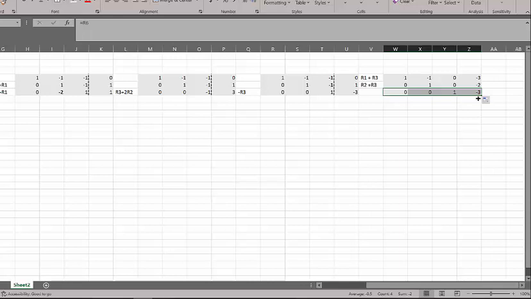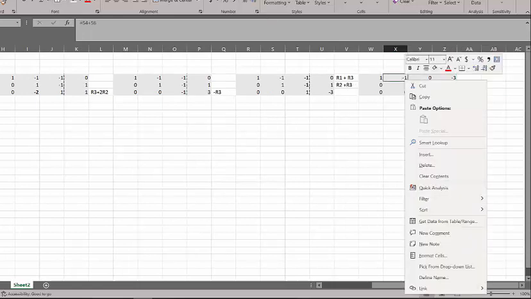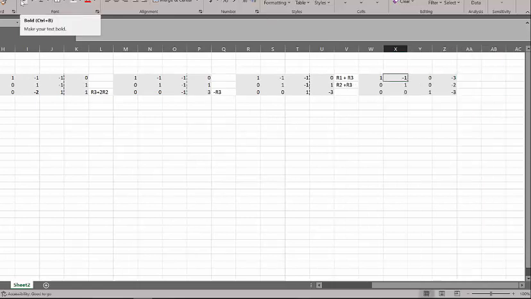All we have to do now is replace row 1 in such a way where we get rid of this element here. So we replace row 1 with row 1 plus row 2, since that gets rid of this guy and leaves the 0 alone.